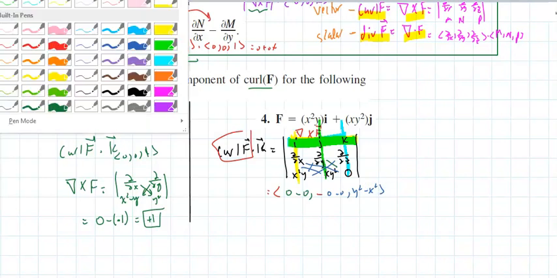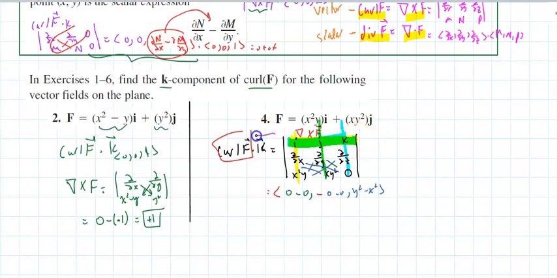Now, do you see that no matter how I do this, I'm going to dot this with just the k component? Doesn't that mean the only piece that's going to remain is y squared minus x squared? So why go through all of that pain? Or I could simply say, if it's 2 dimensions, it's simply del crossed with f, and that's it, right?